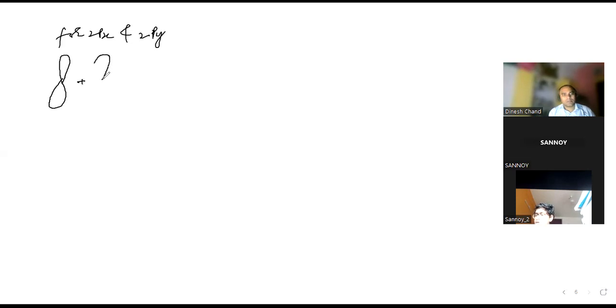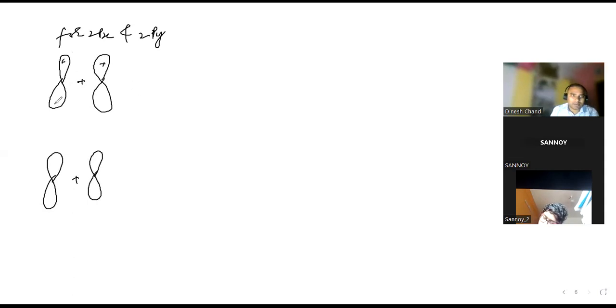Here it can be plus plus, and here it can be minus minus. One side plus means the other side is automatically going to be minus. So how is it going to be formed?